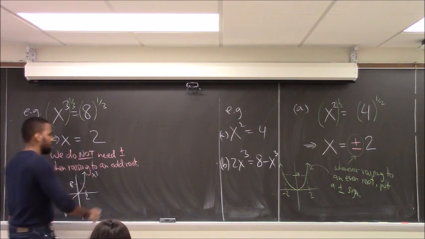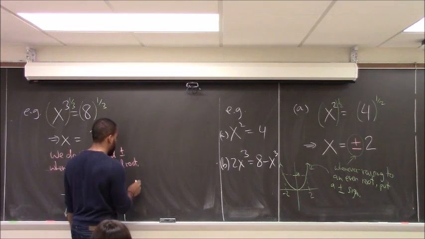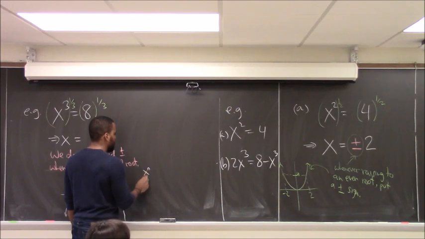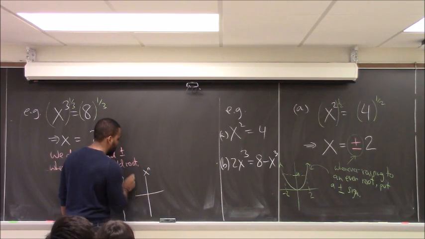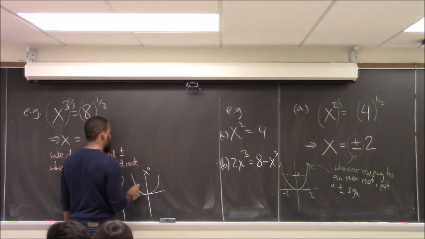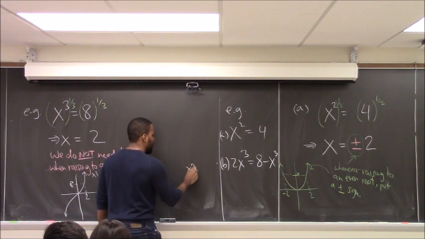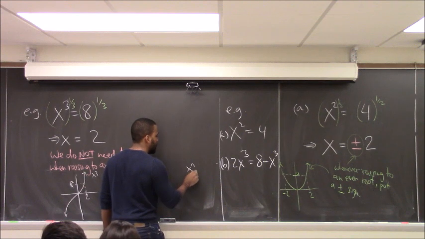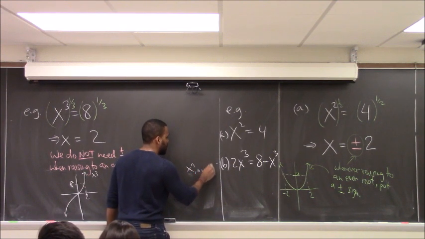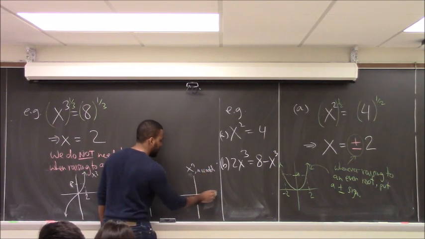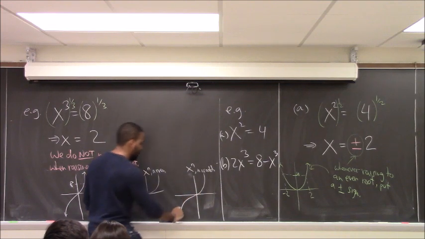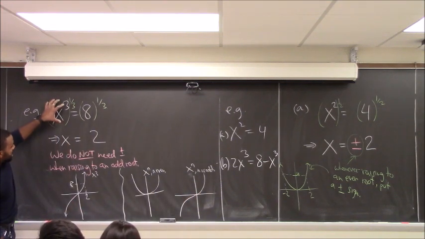And that's a general thing. We'll probably talk about this later. x to the n in standard form always looks like this when n is even, and x to the n, if n is odd, always looks like this. Now, that's if you only have an x to the n.